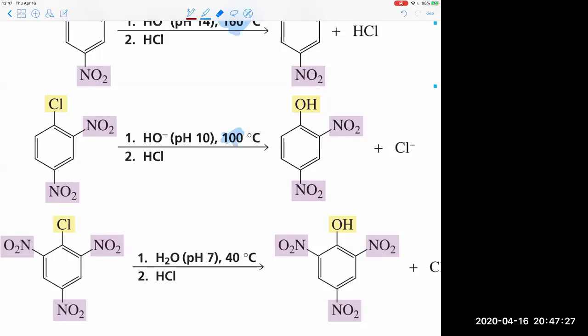You don't even have to have a basic solution anymore, and heating it up to 40 degrees Celsius. So that's 100 degrees Fahrenheit or something like that. Not that crazy hot, right? So before, we saw that our nitro groups were deactivating for electrophilic aromatic substitution reactions. They have the exact opposite effect for the nucleophilic aromatic substitution reactions.